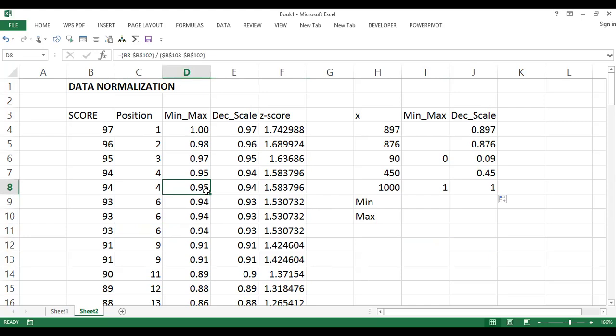All you need to do is take this value, for example. How did we arrive at this one?